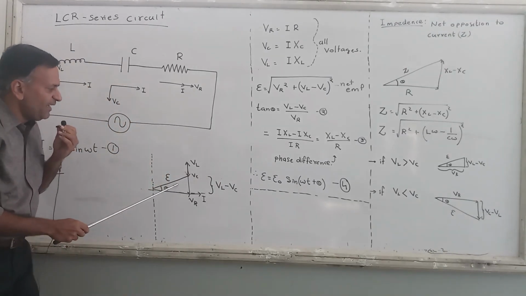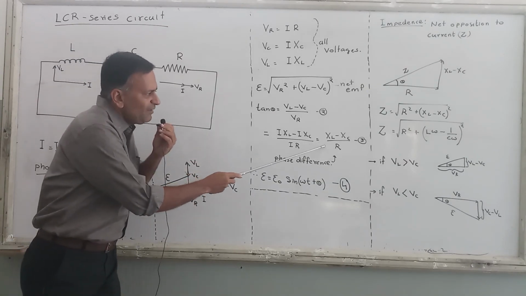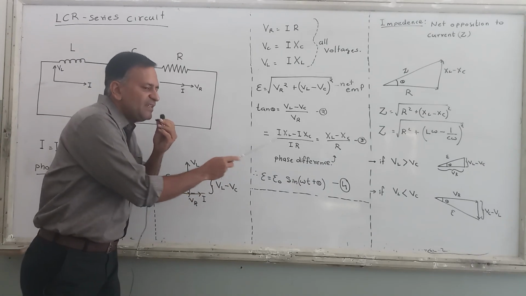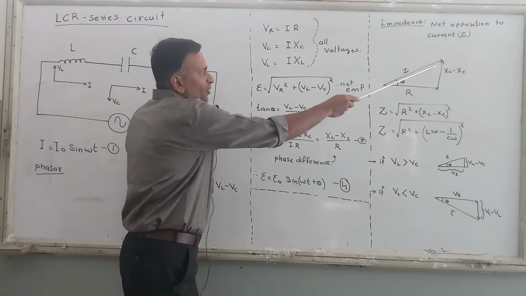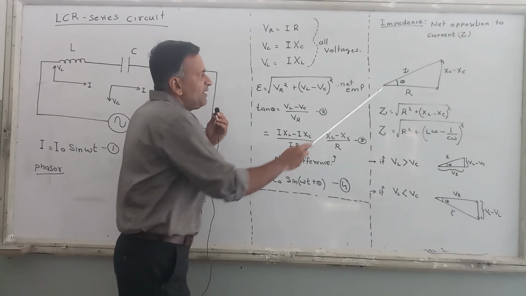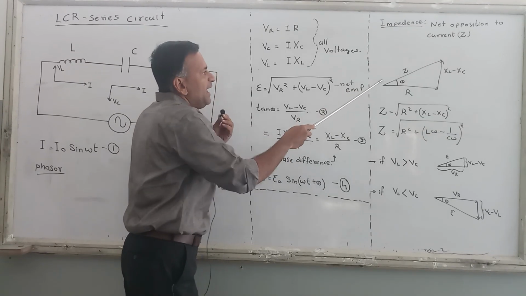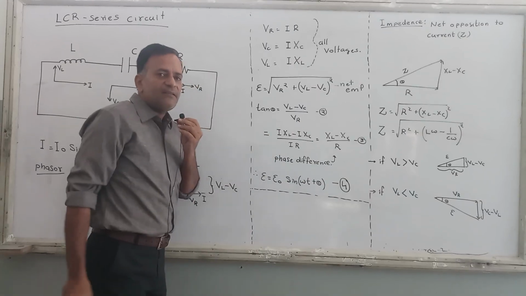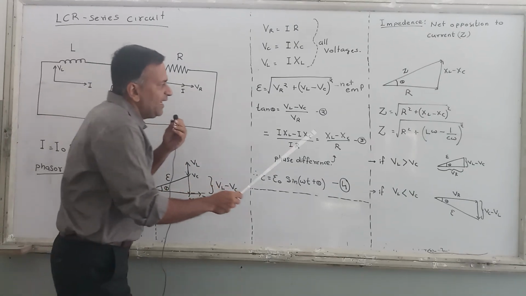पहले मैंने इस फेजर डायग्राम से ये वाला इक्वेशन लिखा था. अब मैं इस वाले इक्वेशन से एक और फेजर डायग्राम बनाऊंगा. XL minus XC becomes the opposite side, R becomes the adjacent side, and the hypotenuse will give you the resultant impedance. Very simple. थीटा यहां भी वही है, थीटा यहां भी वही है.